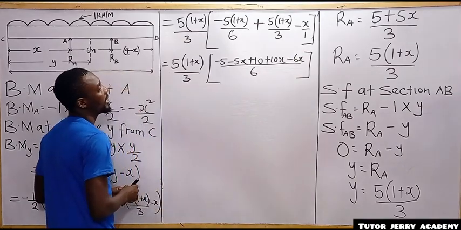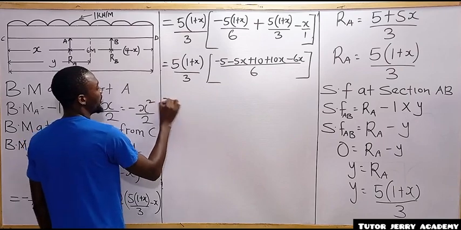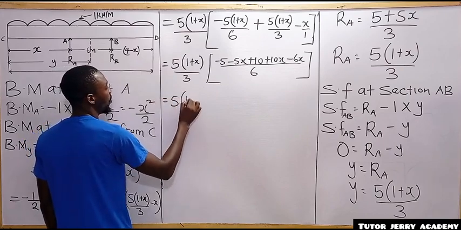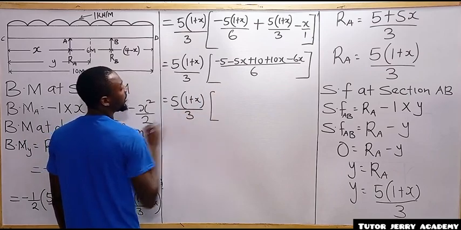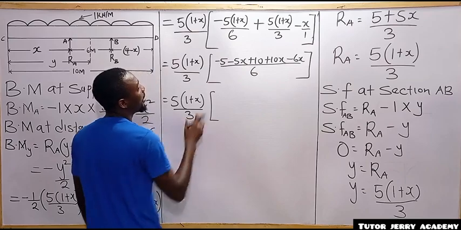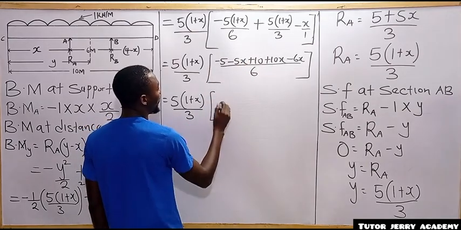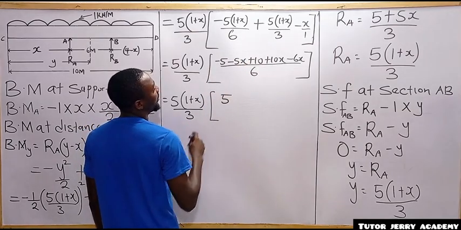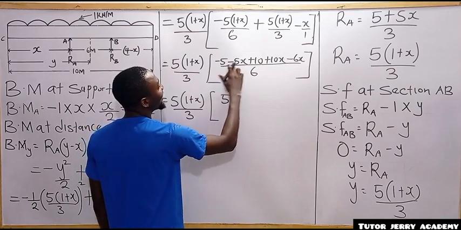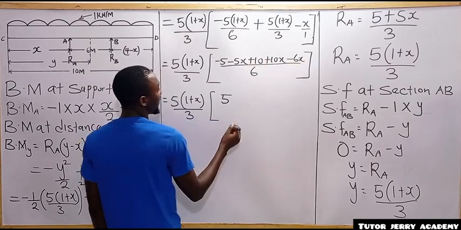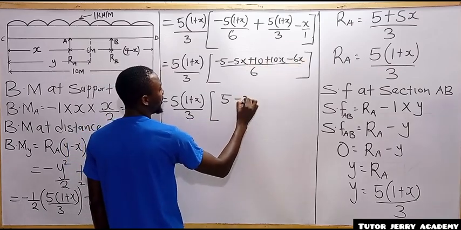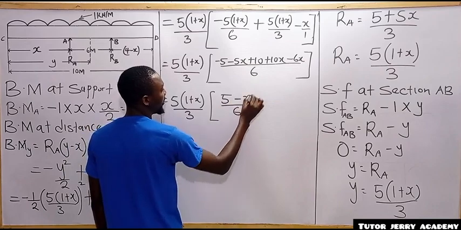So the next thing is we are going to say this is equal to 5 into (1 plus S) all over 3 into, so here we are going to have negative 5 plus 10 is 5. Then negative 5S plus 10S is 5S, 5S minus 6S is minus S, all over 6.